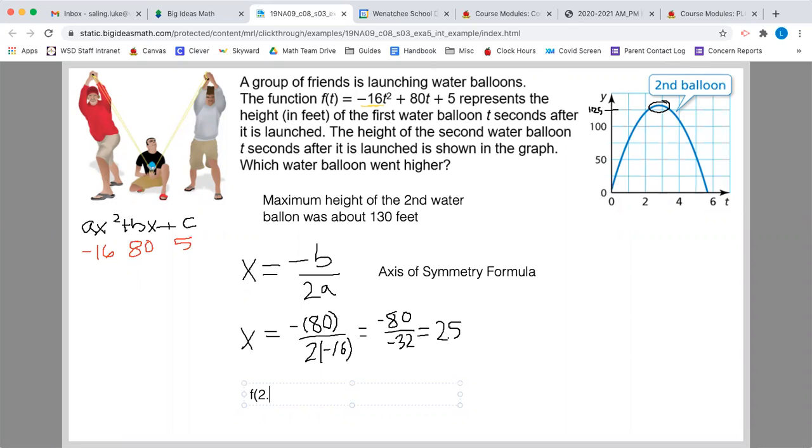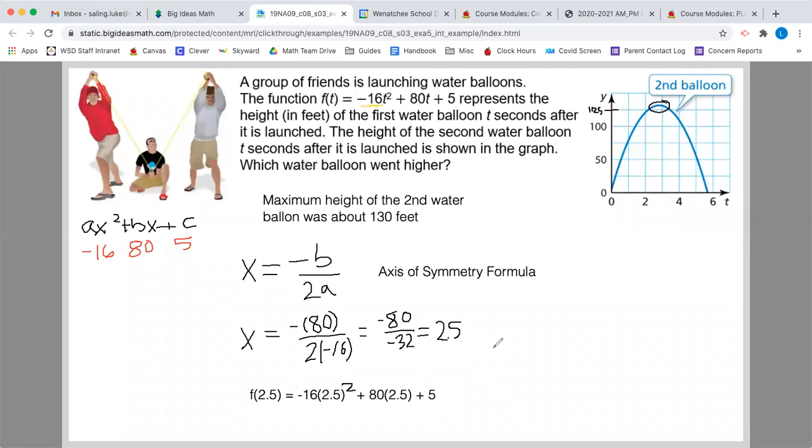We have f of 2.5 is equal to negative 16 times parentheses 2.5. All of our x's are being replaced by 2.5. I'll draw in the squared later, plus 80 times 2.5 plus 5. And then let me draw our squared in.